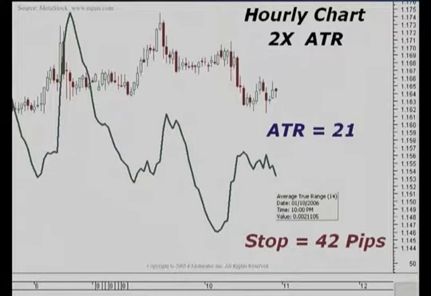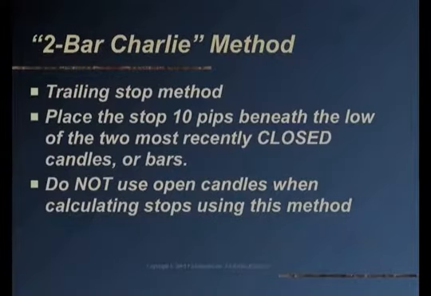Here's another method that I want to tell you about. This is a method that's commonly used in all forms of trading, stocks, futures. The two-bar Charlie method gets its name from a bar chart. Of course, nowadays, most traders use candlestick charts.